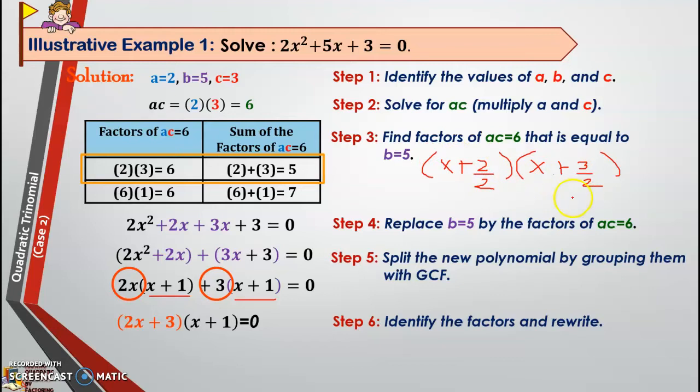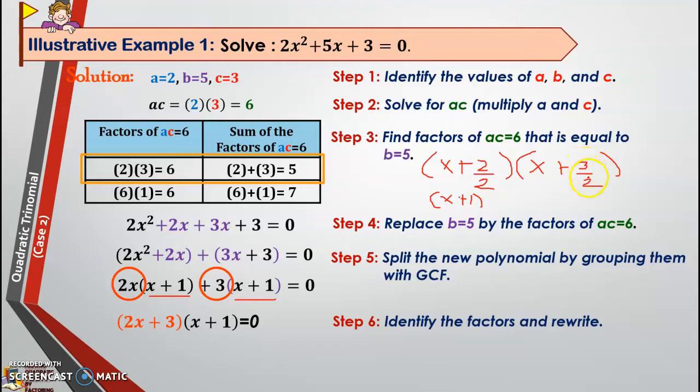This is just a shortcut. Why don't we include x? We only divide the numbers, do not include x. So x plus 2 over 2 is x plus 1. That is what comes out when it is divisible.